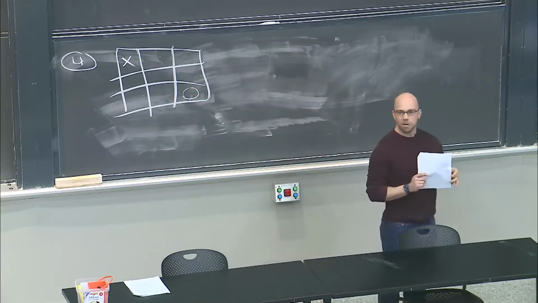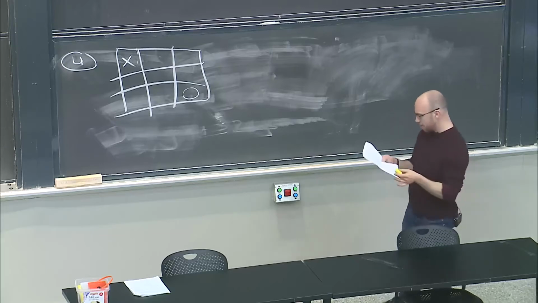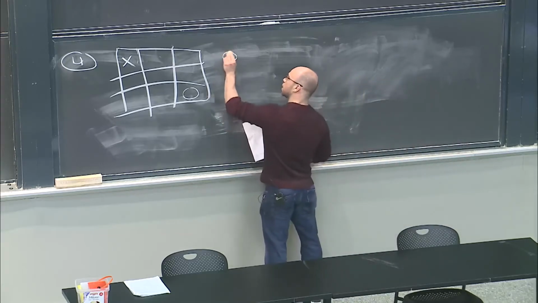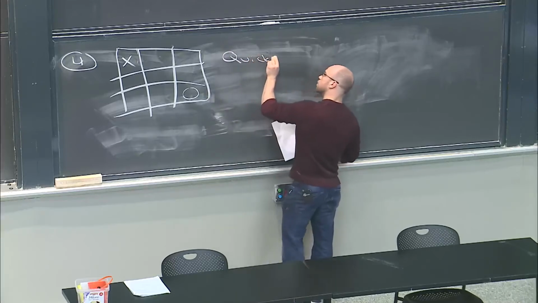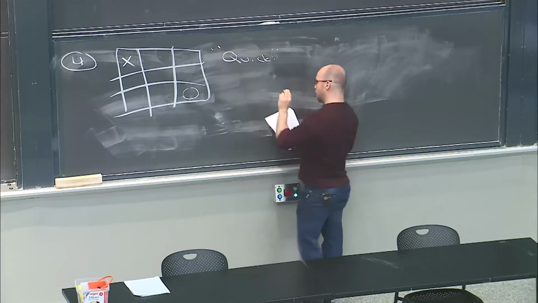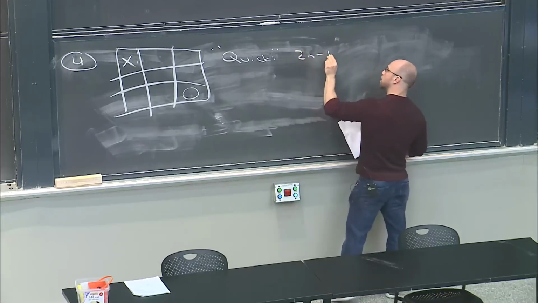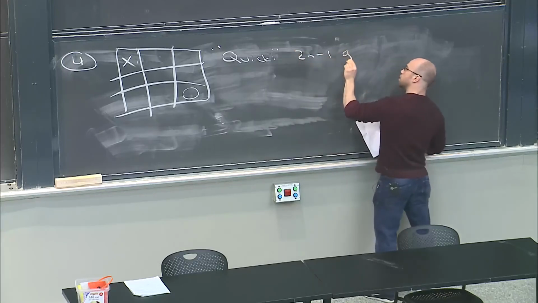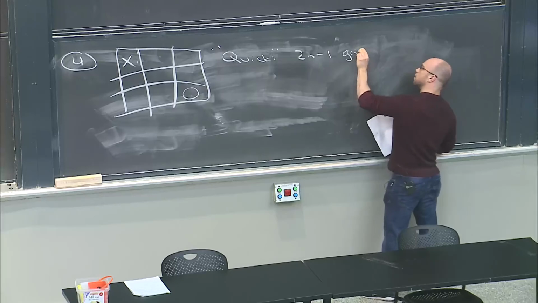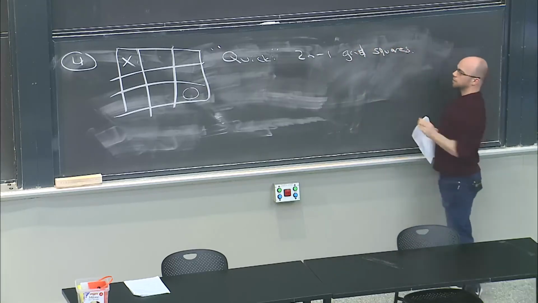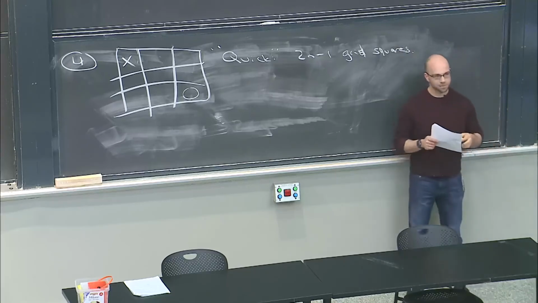And moreover, there's a couple things worth noting here. So first of all, her path is quick, meaning that she can only traverse 2n minus 1 grid squares to get from one corner to the other.